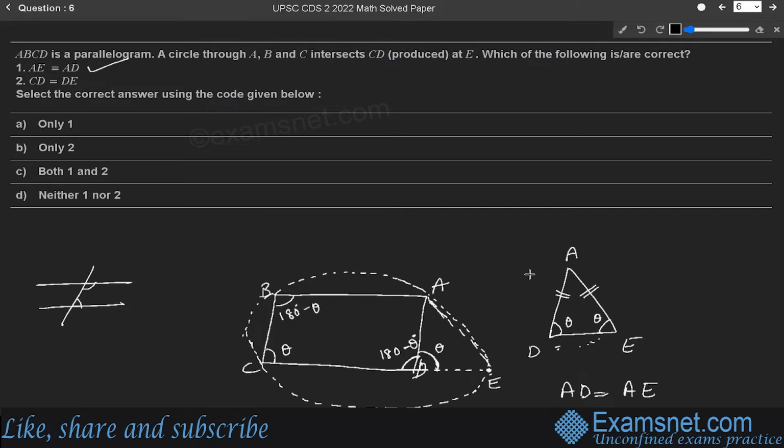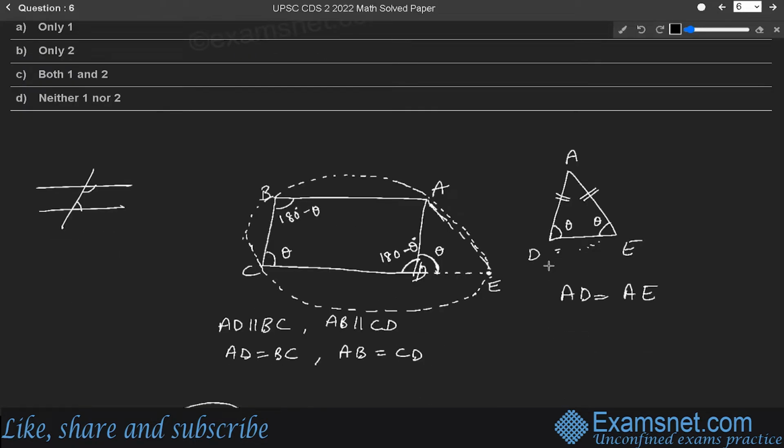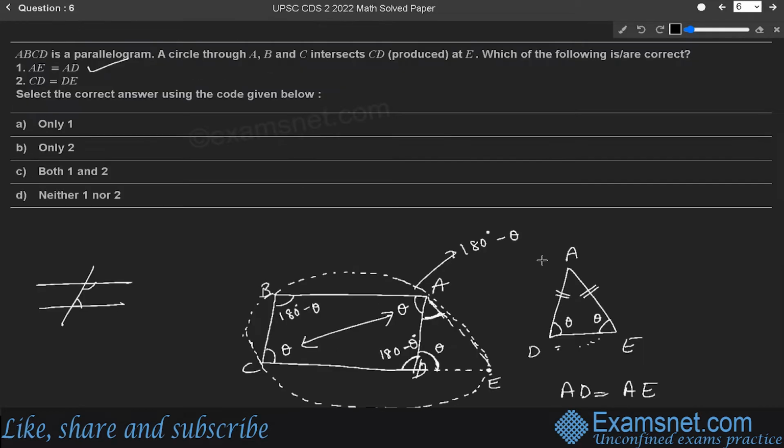Now, since this angle is theta, because we know that opposite angles are equal, this particular angle will be 180 minus theta, or we can say that this whole angle will be 180 degrees minus theta. Now, let us look at the second statement. Second statement is CD is equal to DE.